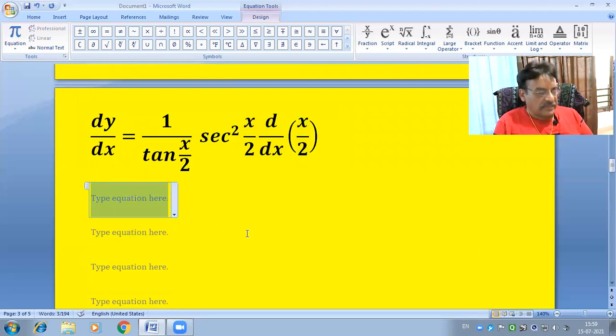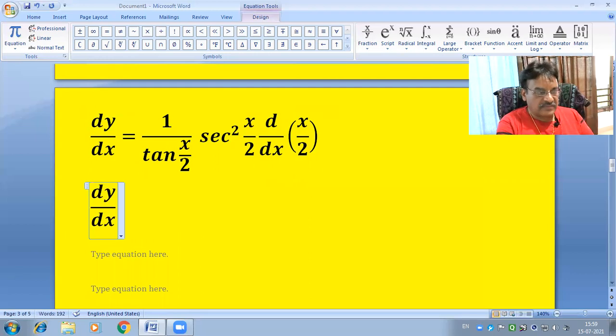So write here x by 2. Therefore, here dy by dx is equal to 1 upon tan x by 2. So 1 upon tan x by 2 can be written as cot x by 2.